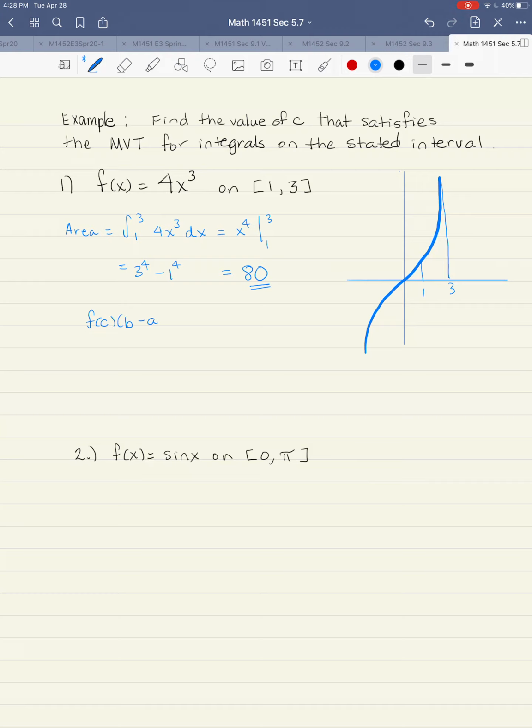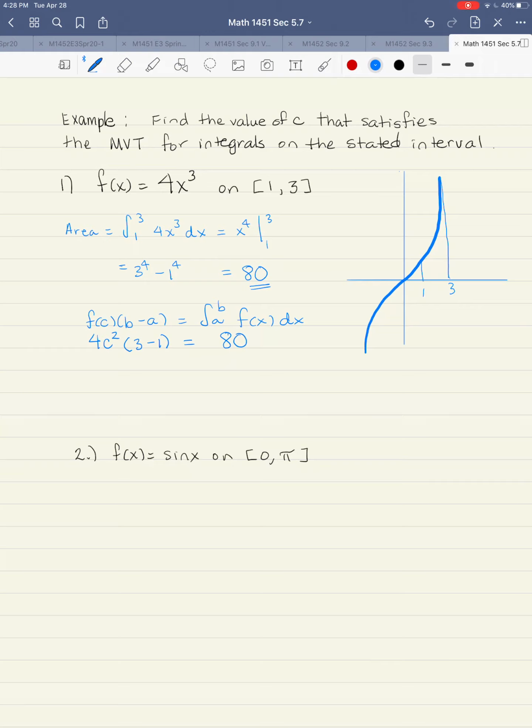So now there's a guarantee that there's some value for which f of c times b minus a is equal to the integral. So we're going to plug in c for x and we'll get 4c squared. 1 and 3 are our a and our b, so we're going to have 3 minus 1 here.